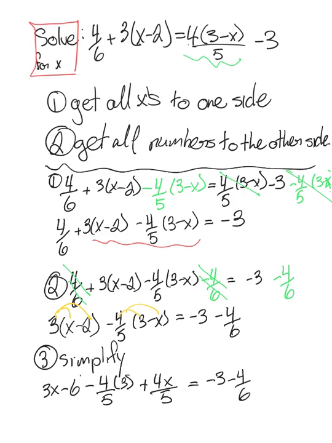So now we want to repeat step 1 and step 2, if we need to, by getting all of the numbers to the one side and keeping the x's on the other side.